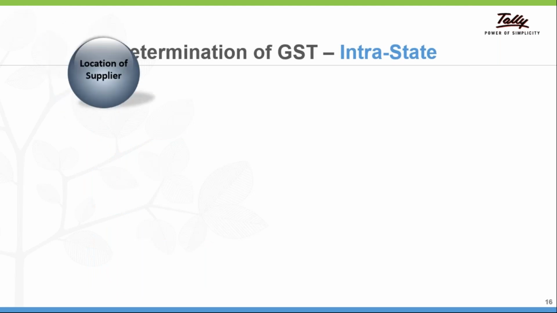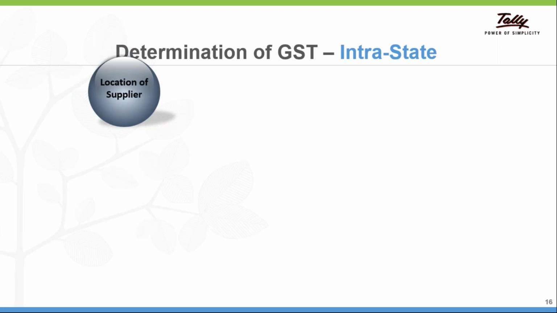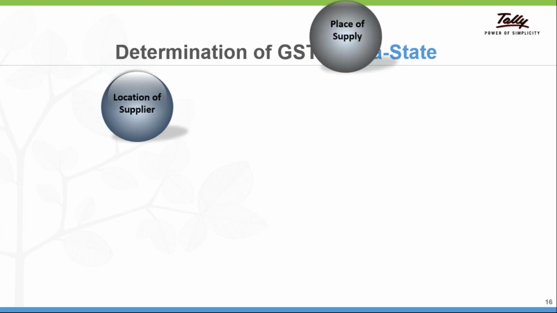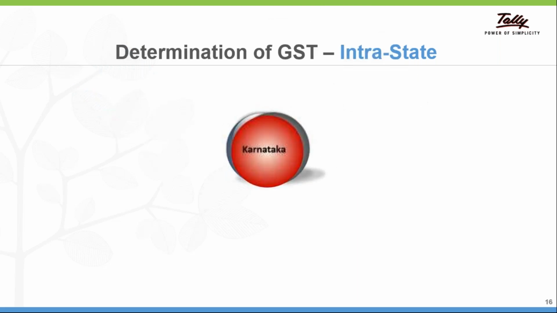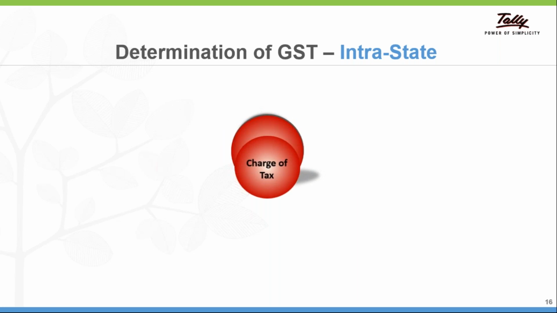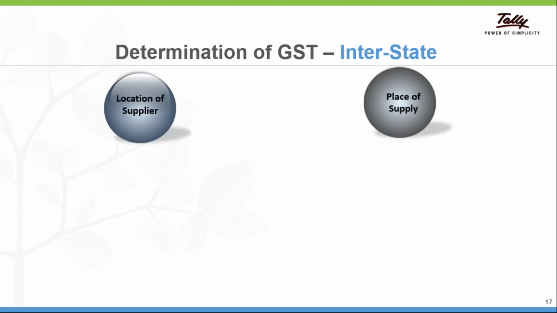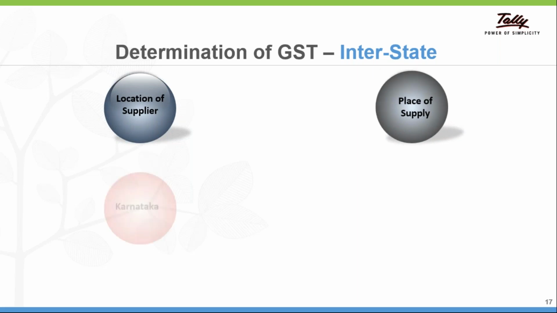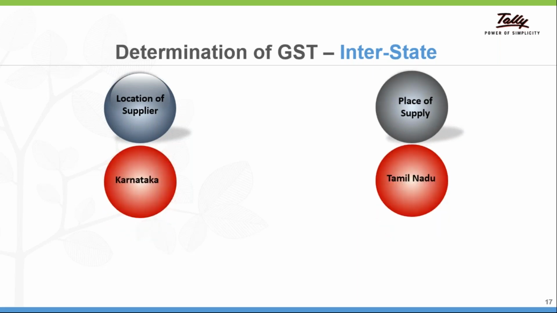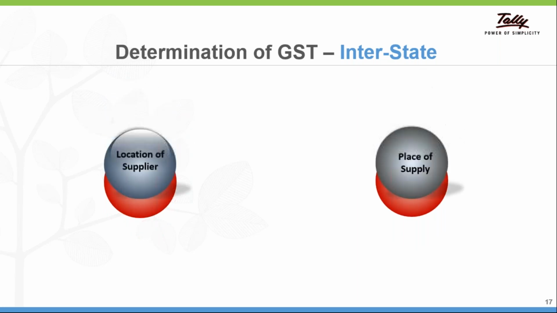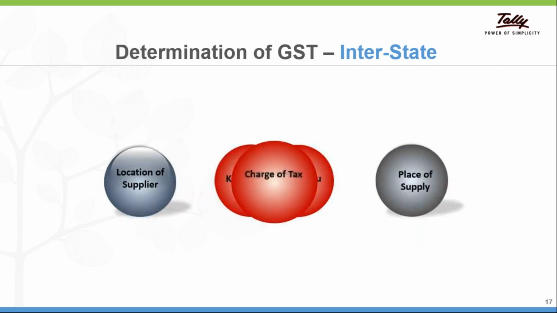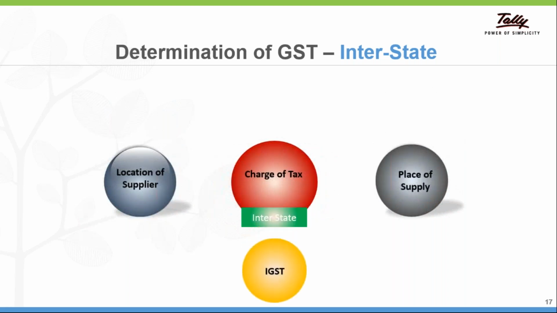If the location of the supplier and the place of supply are both within Karnataka, then the tax charged will be CGST and SGST. If they are different, Karnataka and Tamil Nadu, then the tax charged will be IGST.